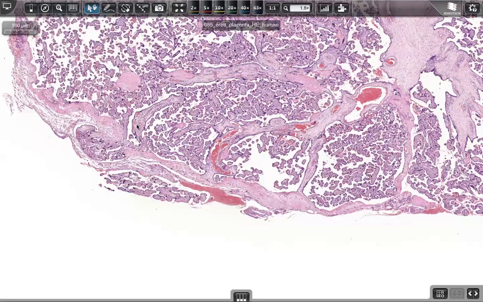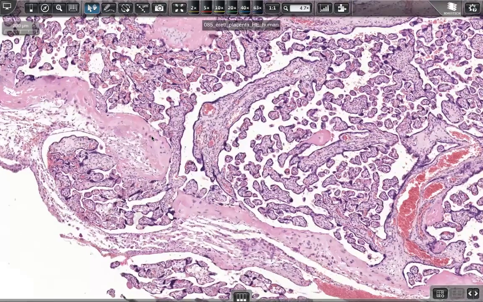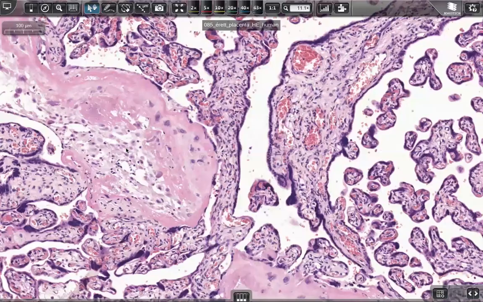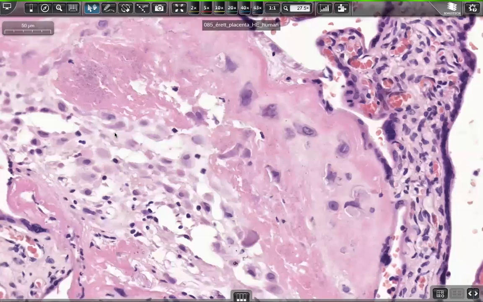It's approximately a 20 centimeter structure, a discoid structure, and on the maternal side we can find 15 to 20 lobes separated by connective tissue septa. There also are cellular elements, beautifully seen. Small cells and big cells. So these are the decidual cells again.